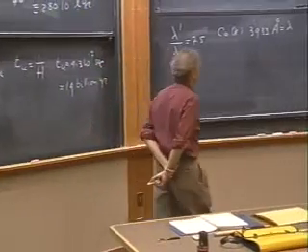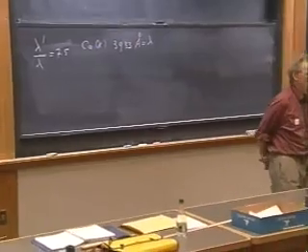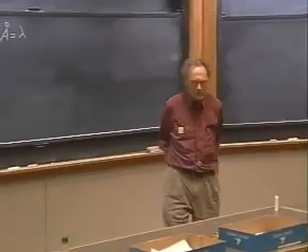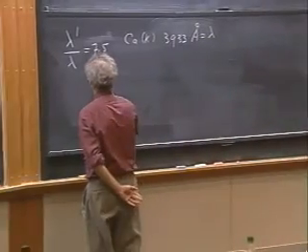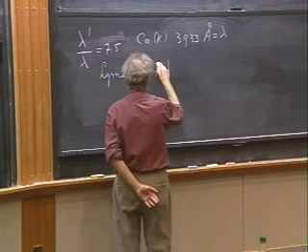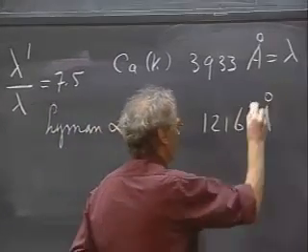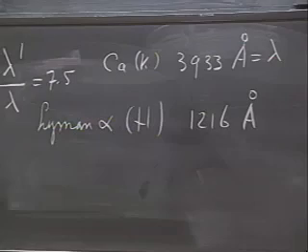The way they do that, they look at a line in the spectrum which cannot be observed from the ground at all. It is a line emitted by hydrogen. It's called the Lyman alpha line. The wavelength is 1216 angstroms, which is in the UV, which you cannot observe from the Earth.